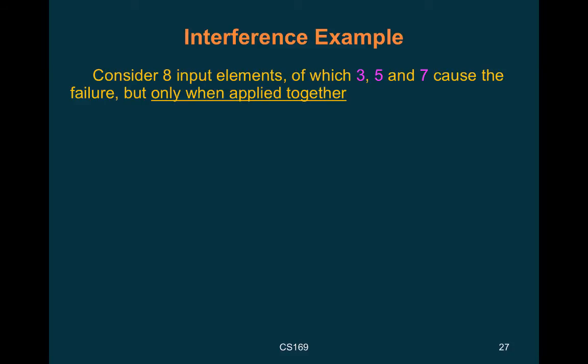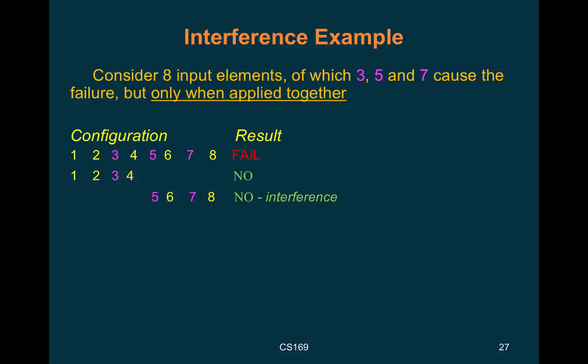I'll demonstrate it for you on an example. Let's say that this is the configuration, 8 input elements, and 3, 5, and 7, as long as they are all together in the input, you see the crash. If any of them is missing, you don't see the crash. So perhaps 3, 5, and 7 is the minimal valid C program included in this. You start by taking the first half, it's not going to crash because 5 and 7 are missing.